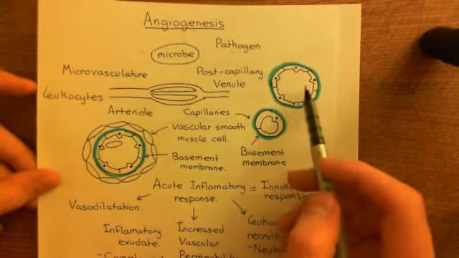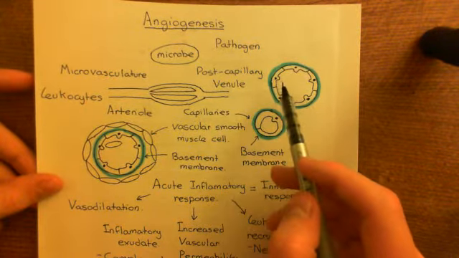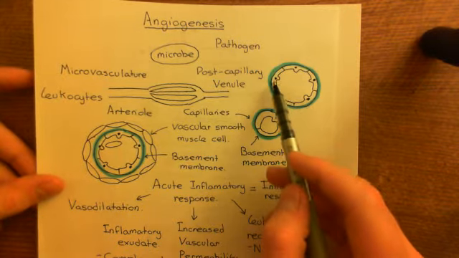Okay, so let's begin then. We'll start by discussing which blood vessel this is actually going to happen in. It's going to happen in our post-capillary venules, in this type of blood vessel here. Basically what has to happen is these cells have to start dividing. So let me draw a picture.